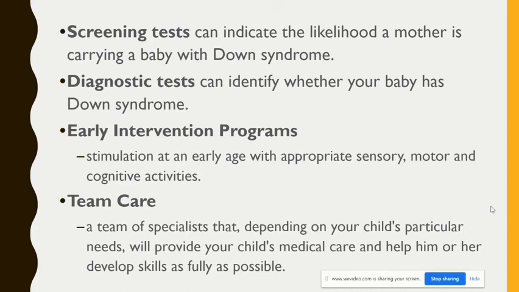There are also diagnostic tests that can be taken, and then intervention programs to help babies and young kids at an early age to start working through their different activities, and then even team care. So you have a team of specialists that help with medical care and then help them with their therapy and education and moving forward.